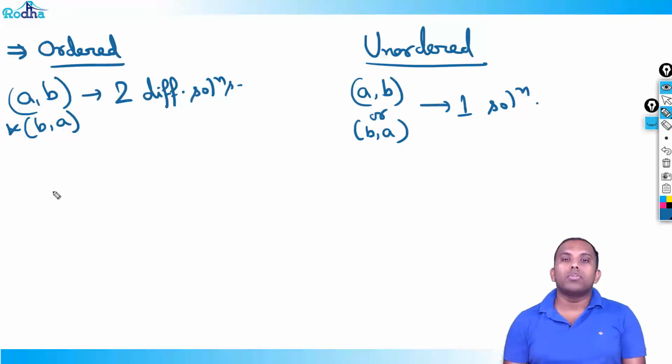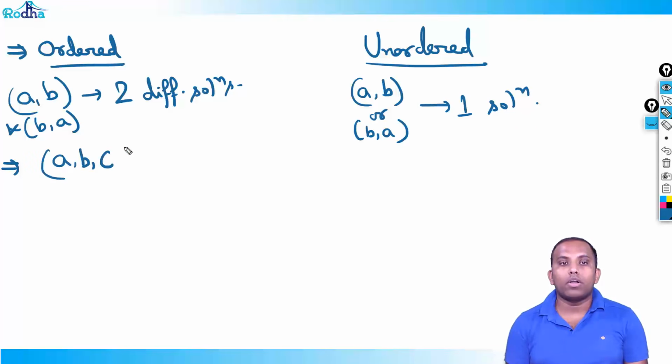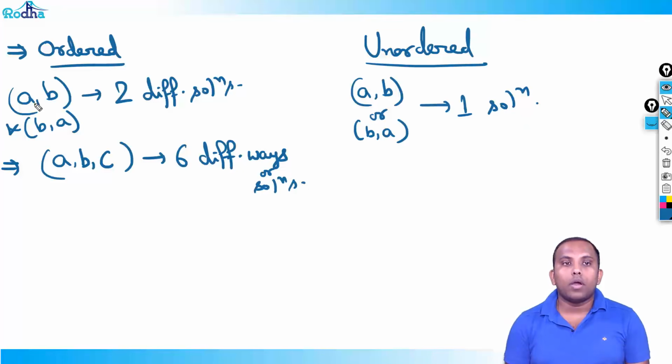This concept applies for counting when there are two variables or three variables. When you write ABC, it can be ordered in 6 different ways. For two variables, a comma b and b comma a are 2 ways.